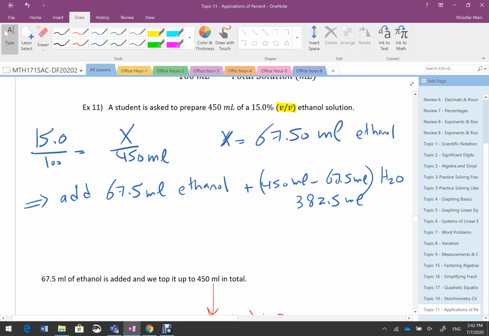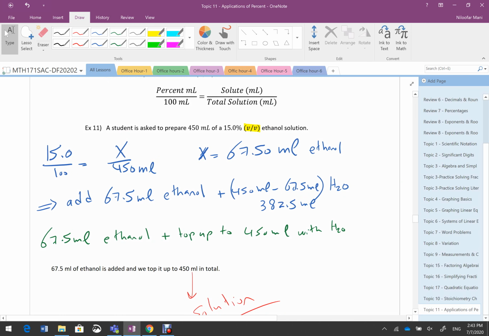Okay, so here I can say 67.5 milliliter ethanol plus top up to 450 milliliter with water. Okay, so it's like I have something like this.